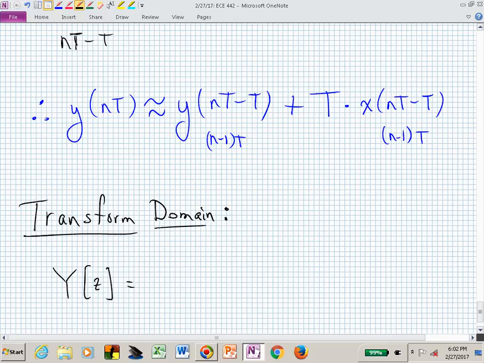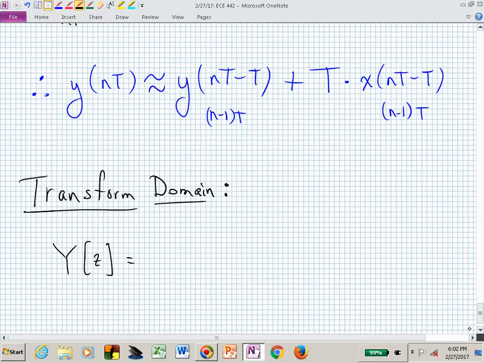And now I'm going to forget the approximation and just go with an equality. If y of nT gives me capital Y of z, what does little y of (n minus 1)T produce in the transform domain? That's just a 1-unit delay of Y of z. Is everybody comfortable with that?